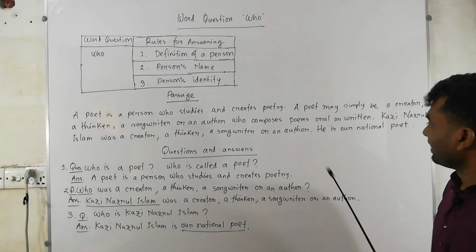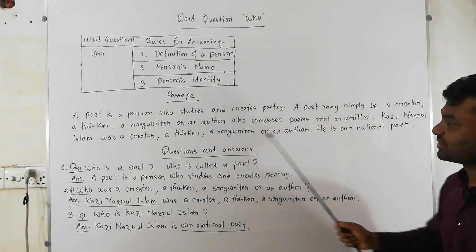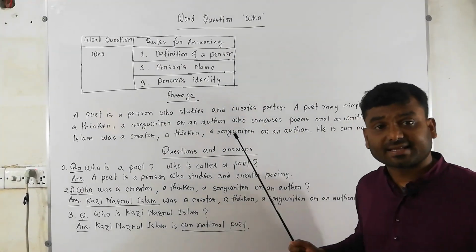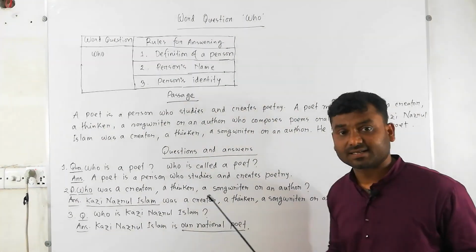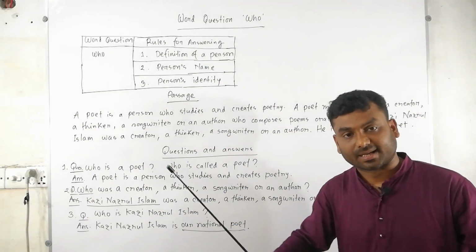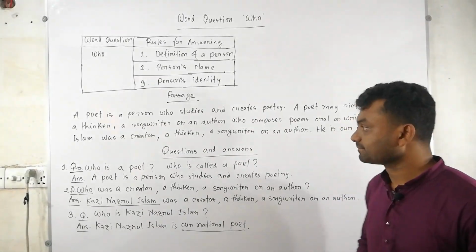Now, the third sentence: Qazi Nazrul Islam was a creator, a thinker, a songwriter, or an author. After the definition of a poet, I've taken our national poet, our great poet, Qazi Nazrul Islam.